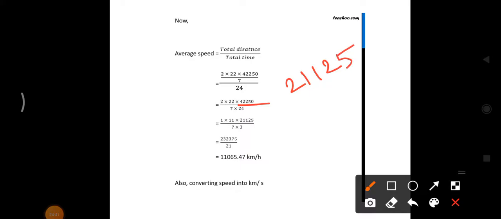So 1 into 11 into 21,125 by 7 into 3. Here the 24 is cancelled by 2.